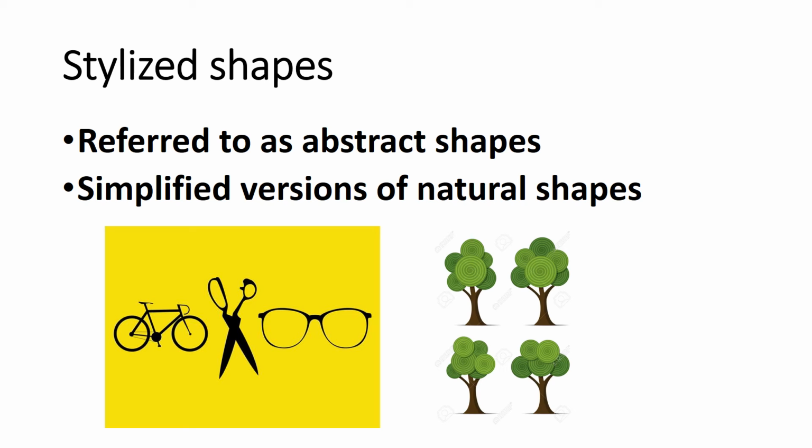We know that if you took an actual photo of a bicycle, it does not look like that in real life, okay? These are simplified versions of what would be something that is natural. As I like to say, it's clip art or it is cartoonish, things of that nature. And it still gets the point across as to what type of shape it actually is. Okay.